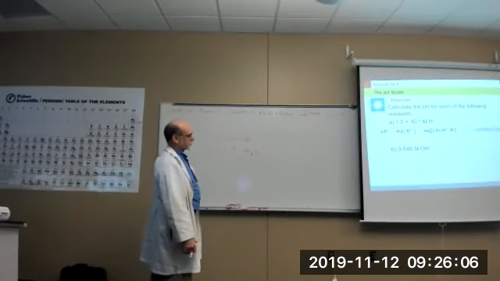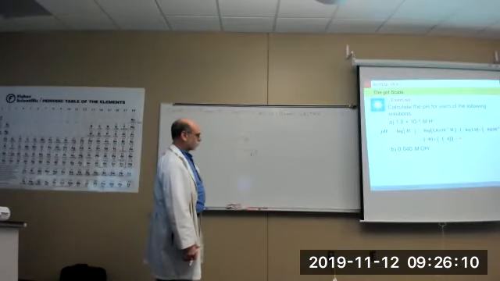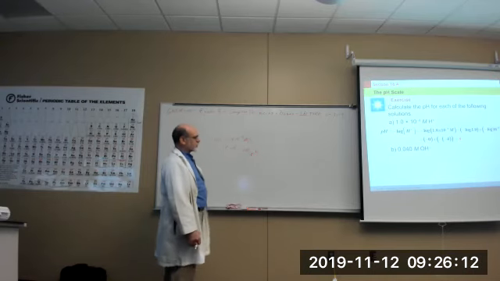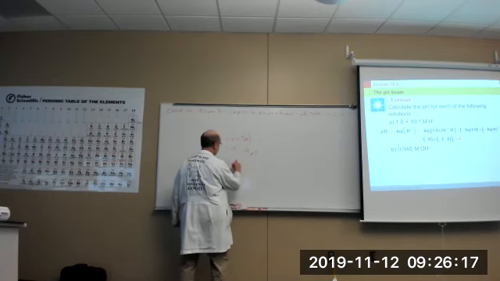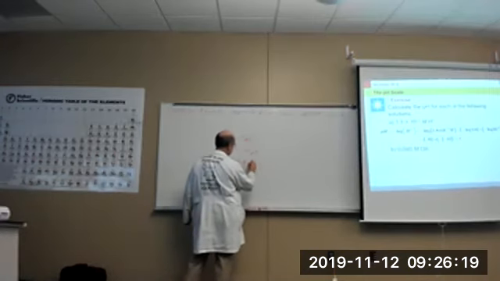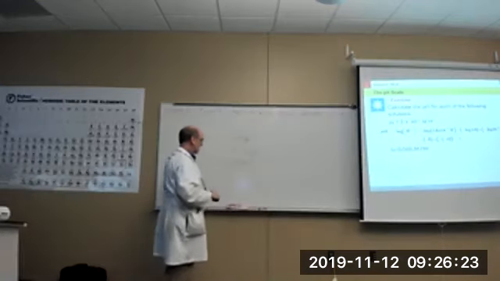Okay, there's the calculation. Values for it. So here's a 0.040 molar hydroxide. Okay, so how do we do that one?